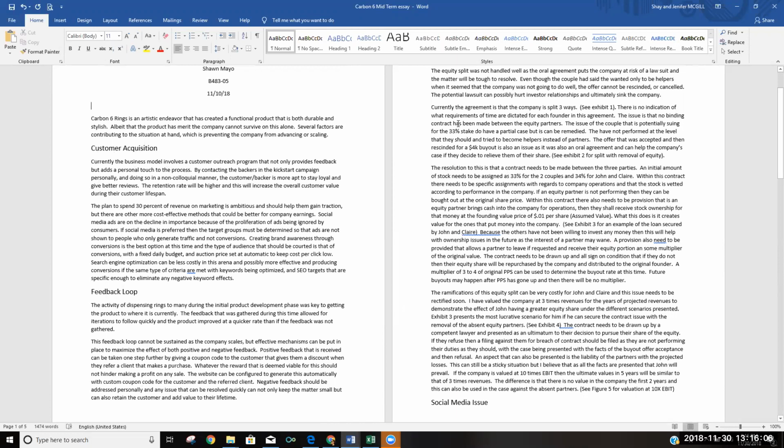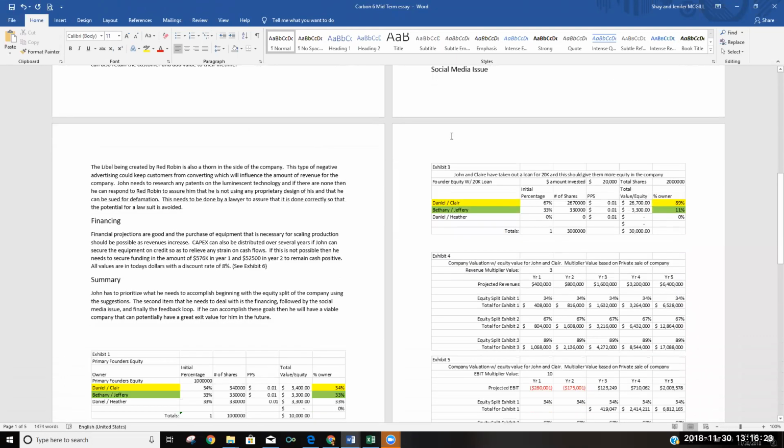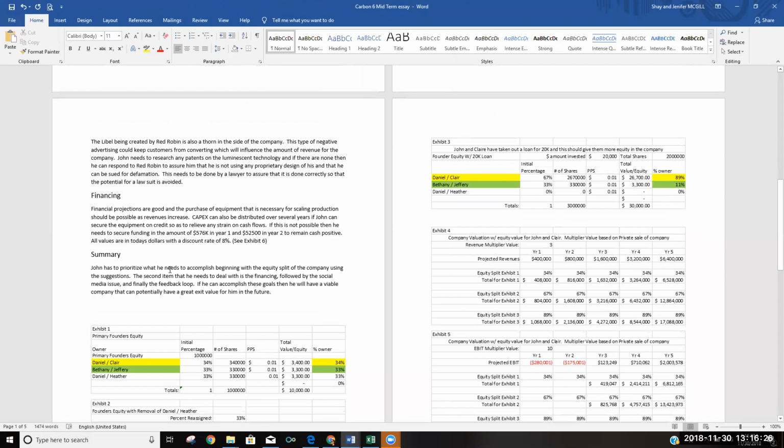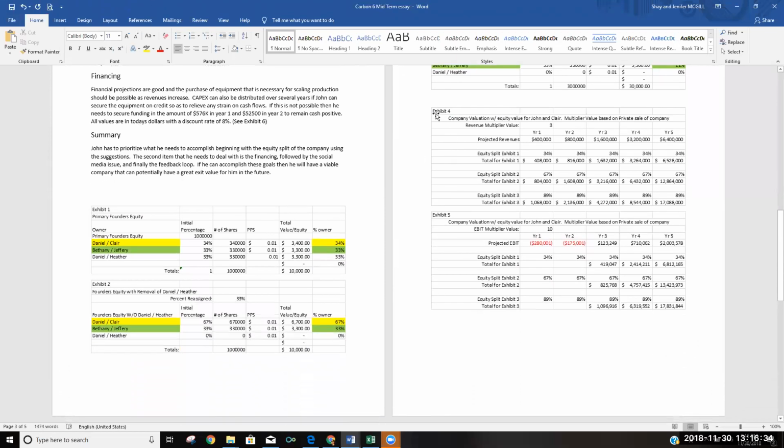Another thing I really liked about Carrie's and Sean's is that it's so comprehensive. They didn't just answer one or two things that they felt they could be doing better or hadn't done right. They took almost everything that the case presented and talked about each one individually. They've come up with summaries, which were decision-based, and they prove why they can say that with their own unique exhibits. Sean's really good with his exhibits.